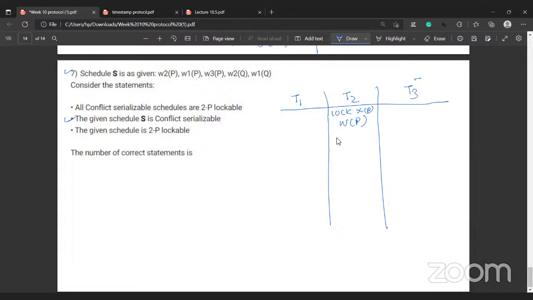Then you have to unlock, right? Unlock P. Okay. Then W1P, right? So you have to apply an exclusive lock on P and write P.